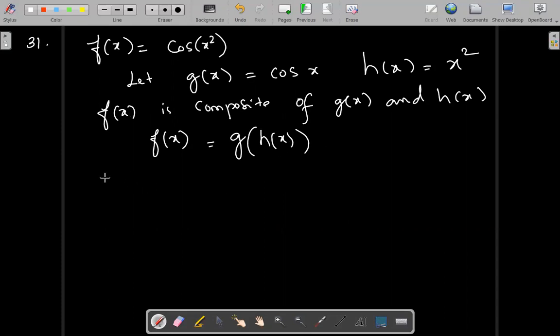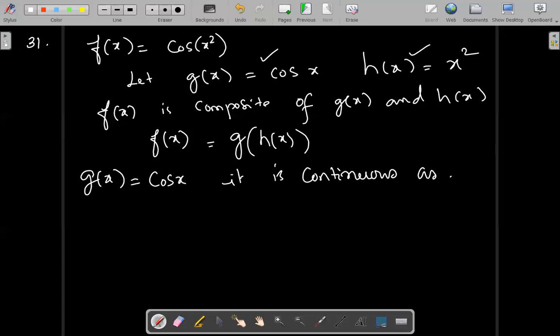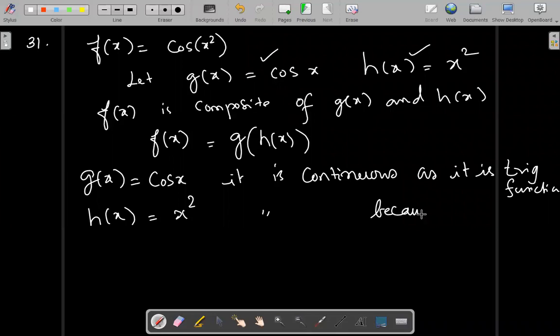So for f of x, we need to prove that g is continuous and h is continuous. So let's take g of x is cos x. It is continuous as it is a trigonometric function. And we need to look at h of x. h of x equal to x squared is continuous because it is a polynomial function.